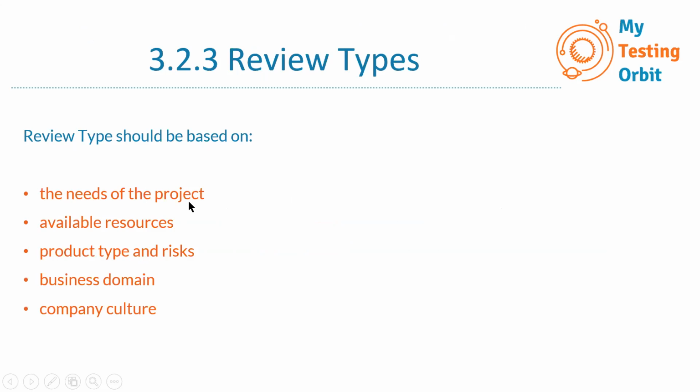It's based on the needs of the project, what the requirements are, what the objective of that project is. So it would be based on the needs of the project, available resources, product type, and risks. So what kind of risks are associated with that kind of project. Then business domain and company culture. So these are all the factors which decide what kind of review type will be done.